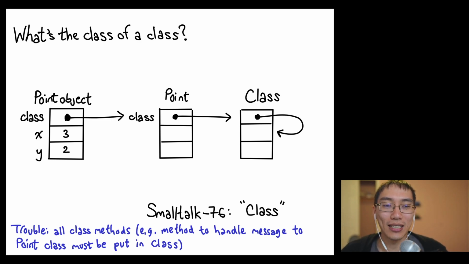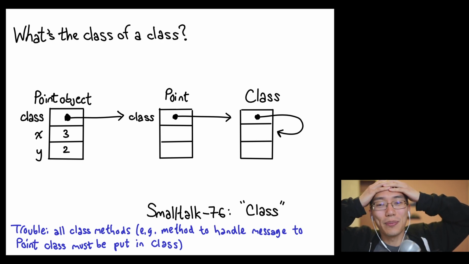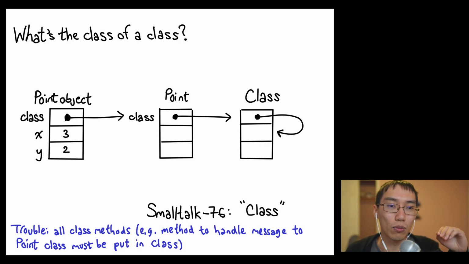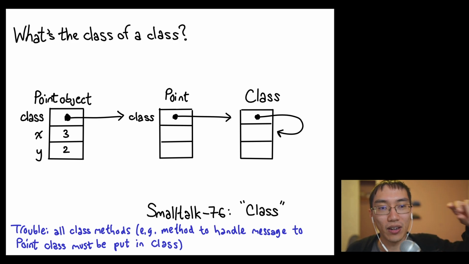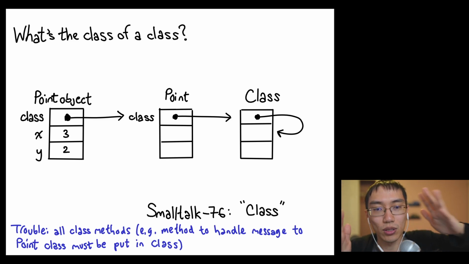And why is it a bad idea? So the problem is, if we want to add a new class method, so remember, when I define a class, I put the behavior for how the instance should work on the class. So when I wanted to define a method on point objects, I put it in the point class, right? That's where the method lives.